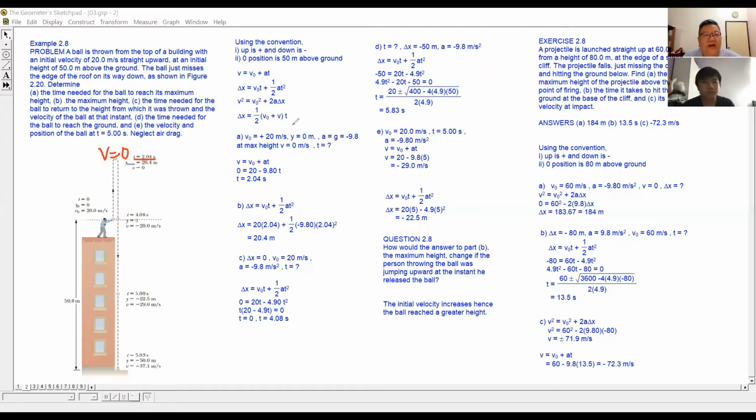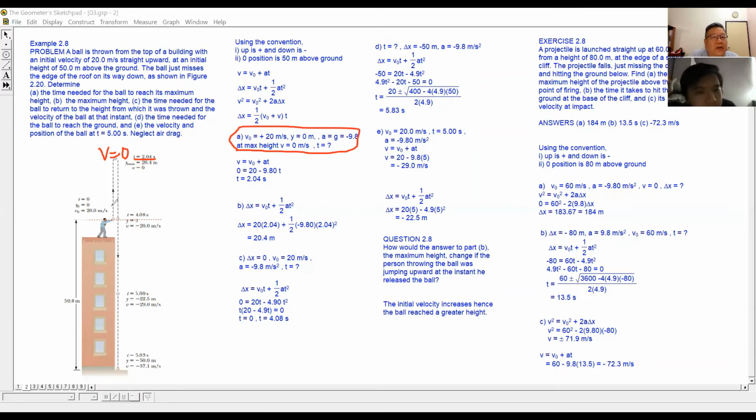Under the same conditions, at V equals 0, I want to know how much it has moved upwards, the distance here.